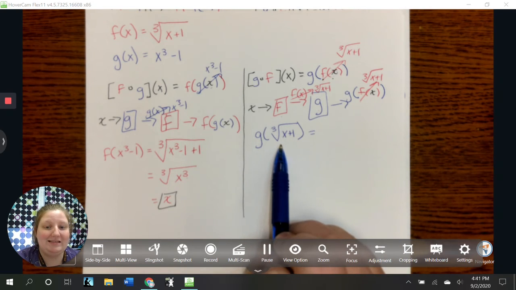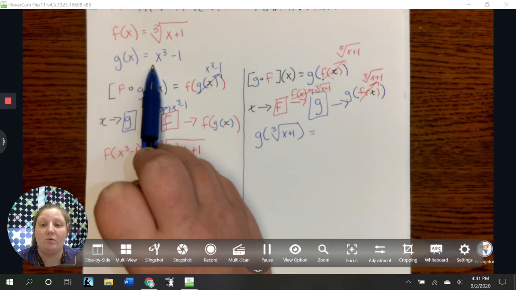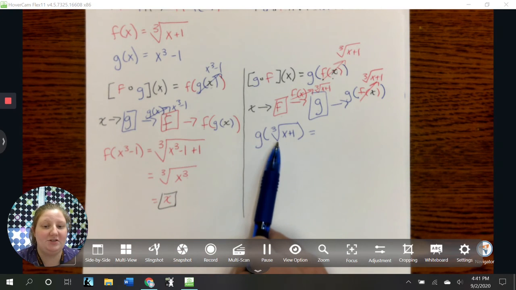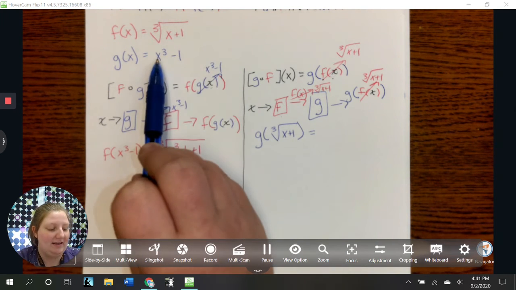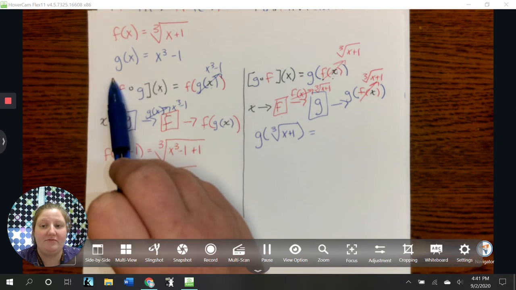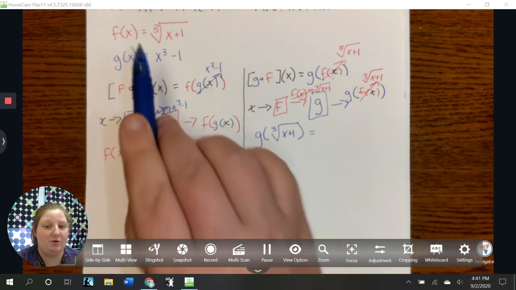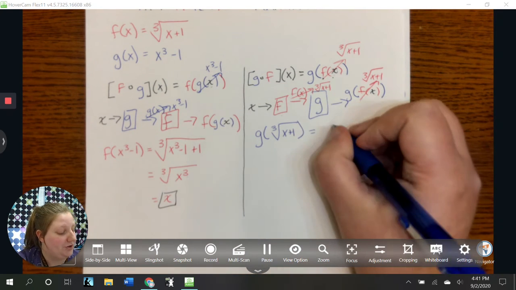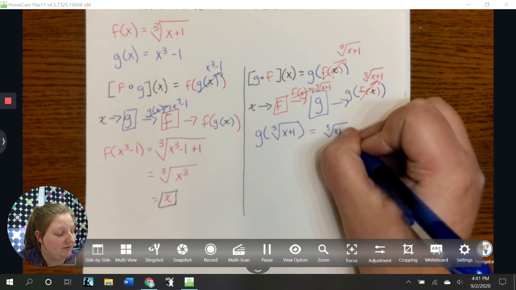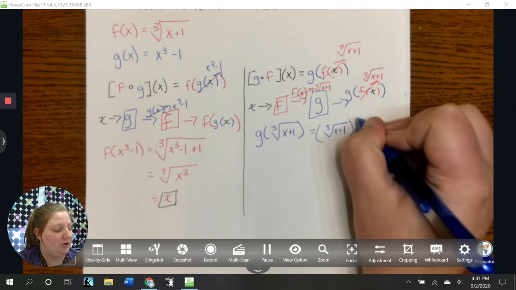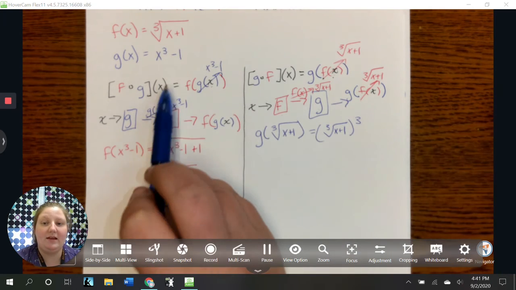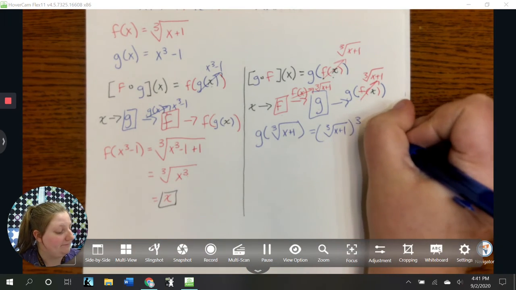Since this is inside of our function g, that tells us that this is going to replace our variable. We're going to substitute the cube root of x plus 1 in for our variable x in the function g. So when we do that, our x cubed is going to become the cube root of x plus 1, cubed. And then we keep the minus 1.